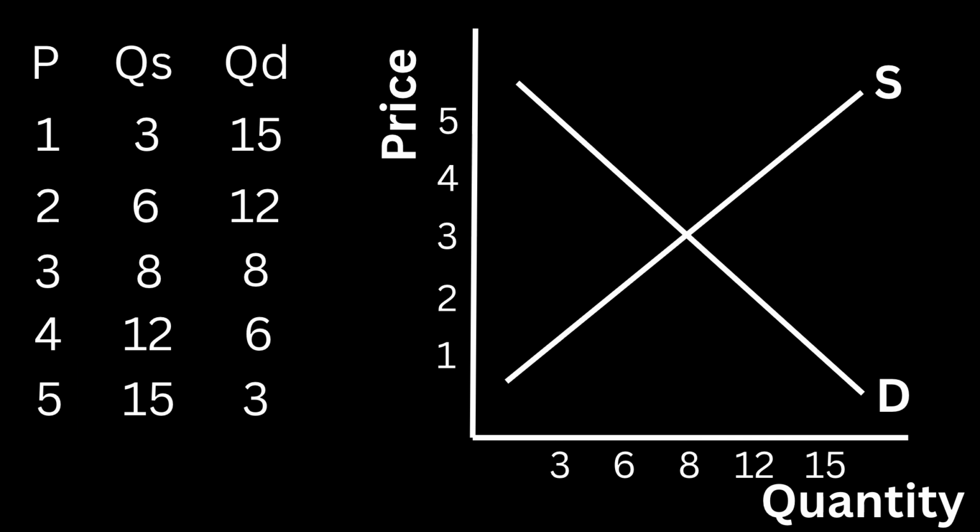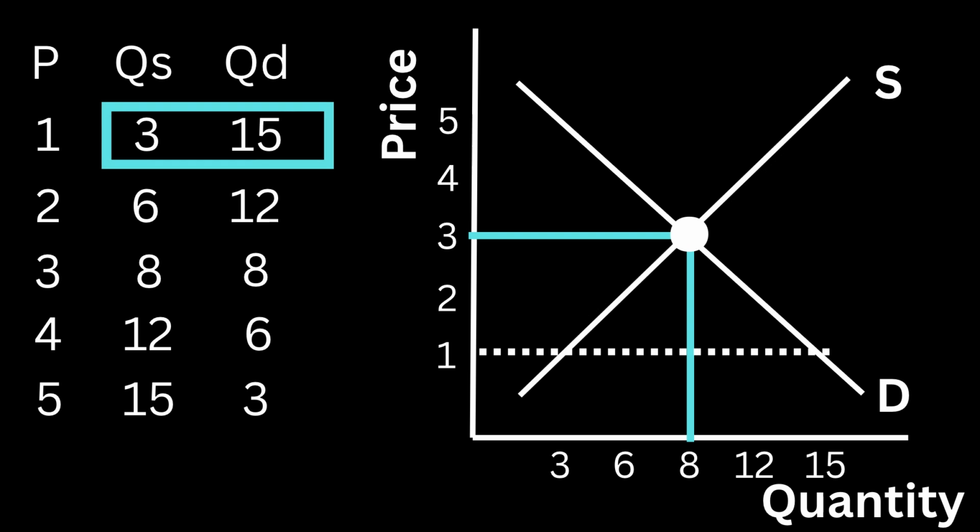On the other hand, if the price is set below the equilibrium of 3 Rand, at 1 Rand, it flips. At this lower price, consumers become excited and they rush to buy more because the product is cheap, represented with a higher quantity demanded of 15 units. But producers do not want to supply as much.